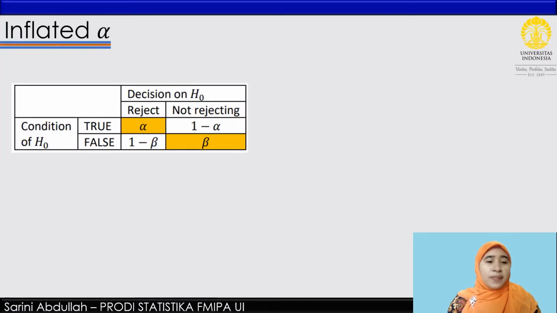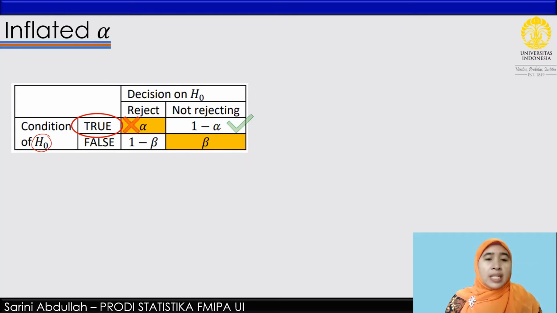So when testing a hypothesis, let's say here the null hypothesis is the one that we are testing. Regarding the condition of that hypothesis, there are only two possibilities: either it is true or it is false. Let's say the null hypothesis is true, and our decision is not rejecting the null hypothesis. Of course, this is a correct decision.